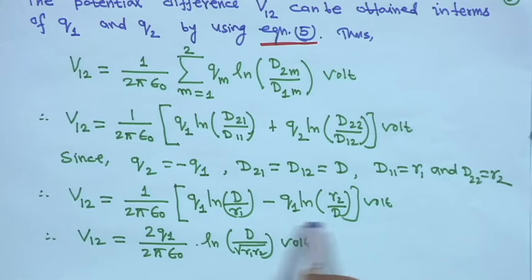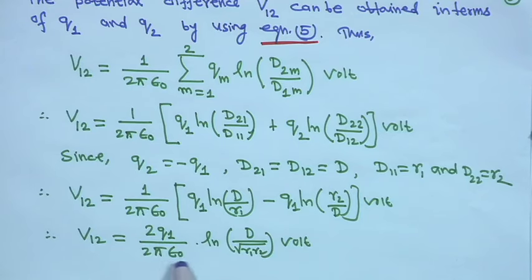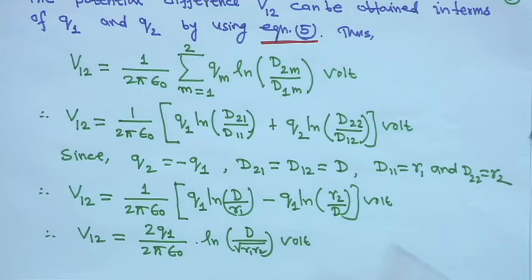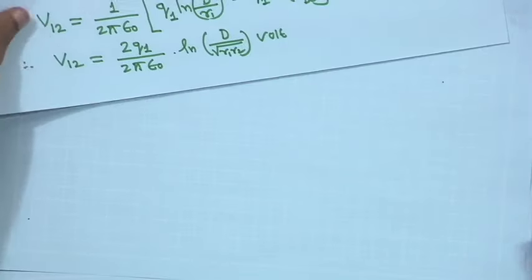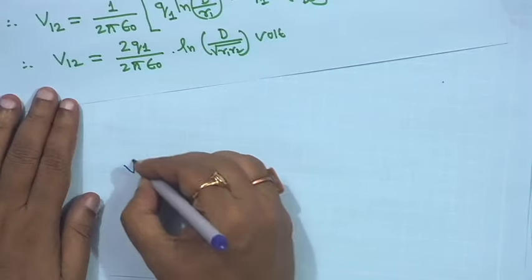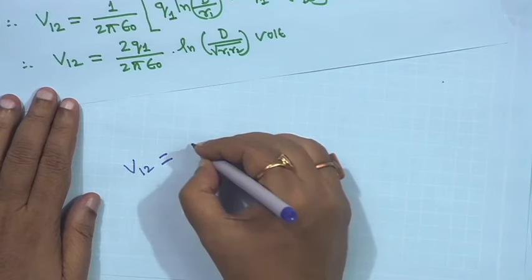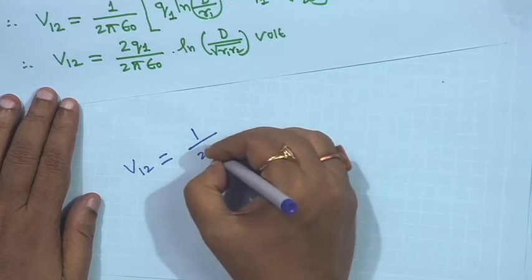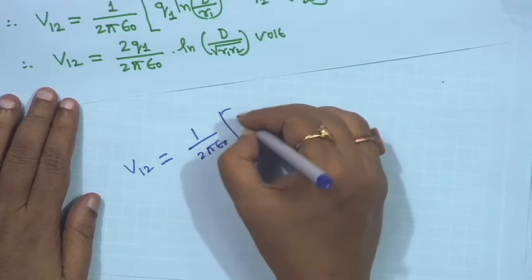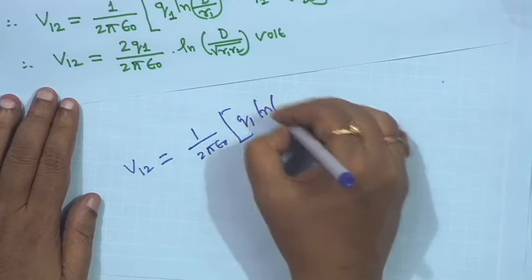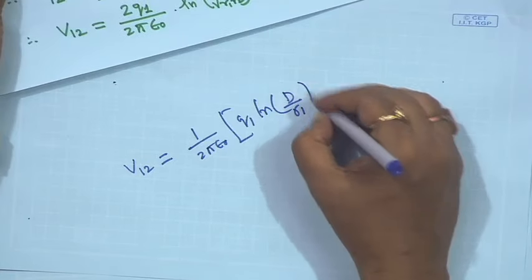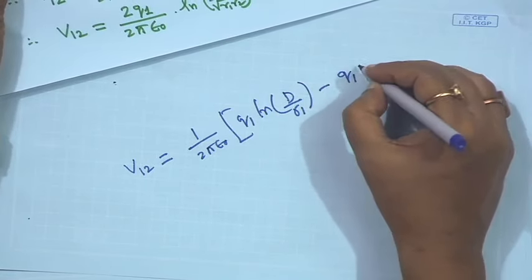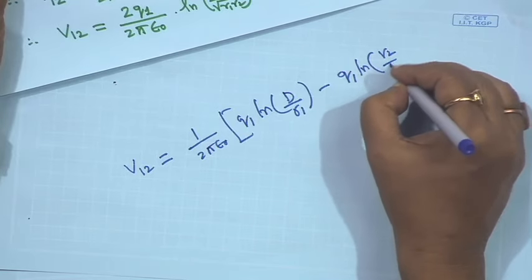So, after you simplify this, it will be 2 q1 upon 2 pi epsilon 0 ln d upon square root of r1 r2. These things are simple, I am just writing one line for your clarification. So, V12 is equal to 1 upon 2 pi epsilon 0, then q1 ln d upon r1 minus q1 ln r2 upon d.